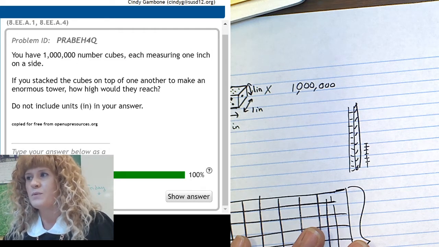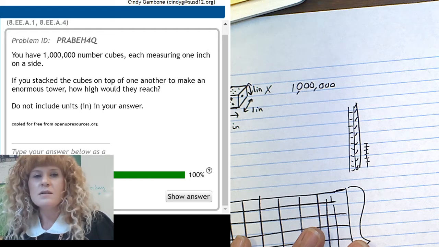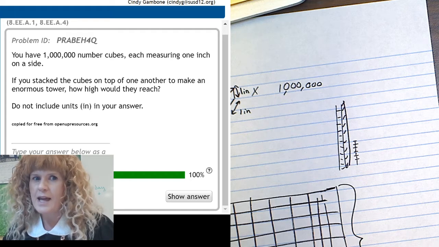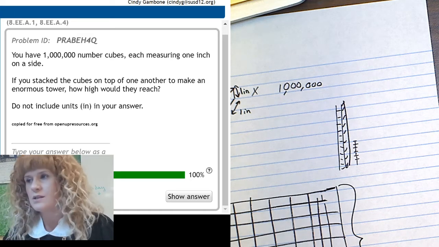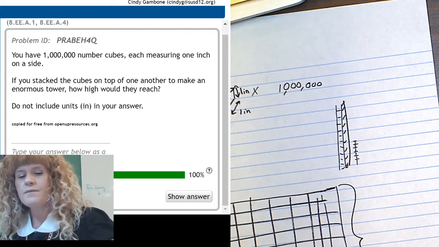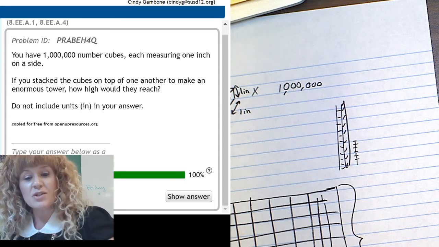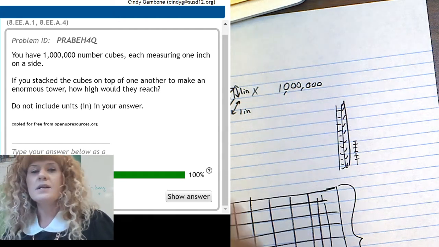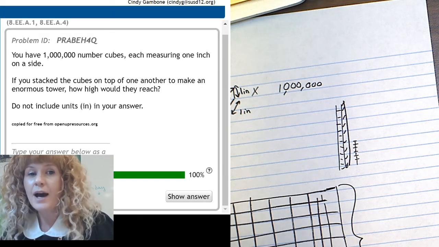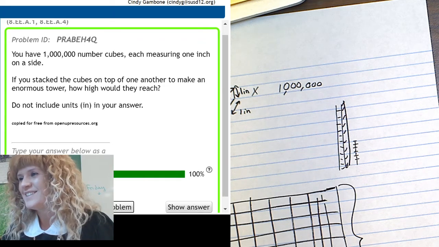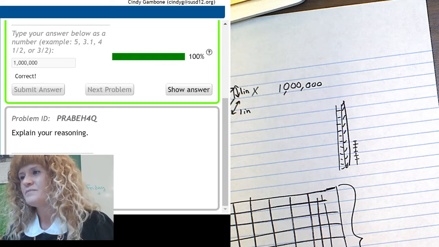How high would it reach? Give your answer, but don't include the units of inches. So you're not going to say 1 million inches. You're just going to type in the number. And if each one of them is 1 inch tall, then you know it's going to be 1 million inches high. Now you can't see my answer. I hope you listened. And then submit your answer.